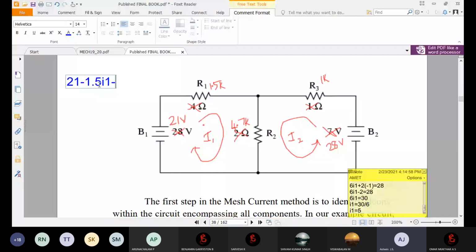Don't forget the bracket. 1.5 into 10 to the power of 3.